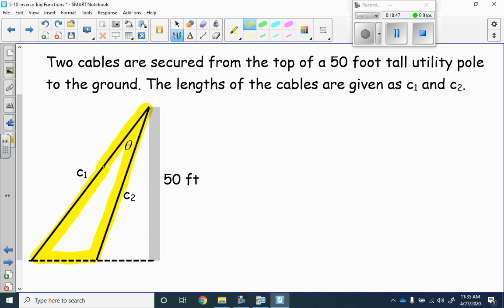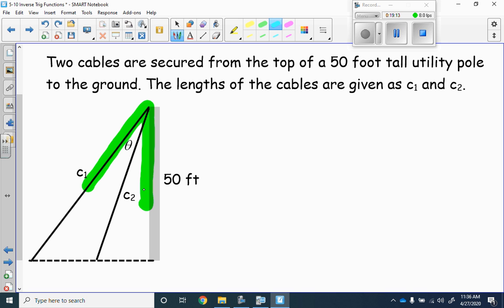Next chapter, we'll take a look at law of sines and law of cosines, working with non-right triangles, but we're going to want to use a right triangle in this situation. So, to find this angle, we could work with this larger angle and then subtract an angle inside here to get that angle, okay?